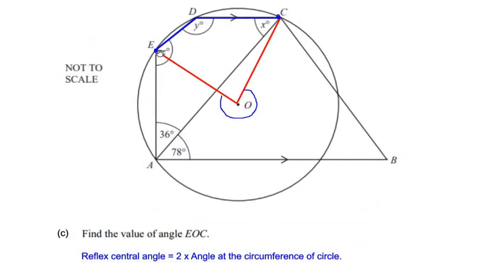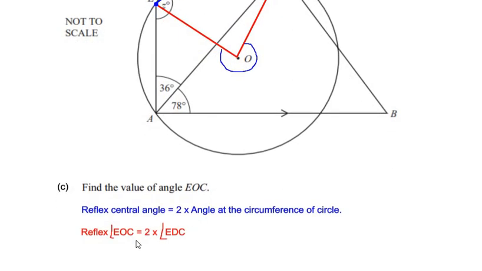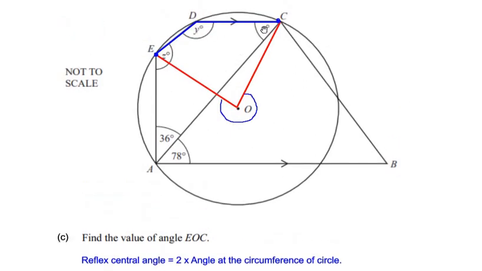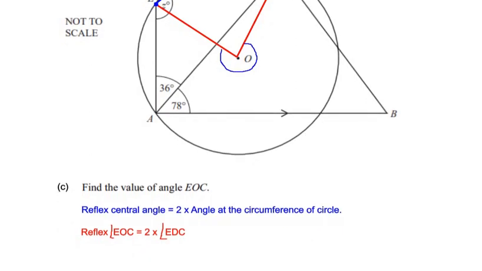So here the reflex angle EOC is written as reflex EOC is equal to 2 times angle EDC. And EDC was angle Y, which we had got as 144 degrees. So let us substitute over here 2 times angle Y, which was 144. So we get the angle as 288 degrees. So this is our reflex angle.